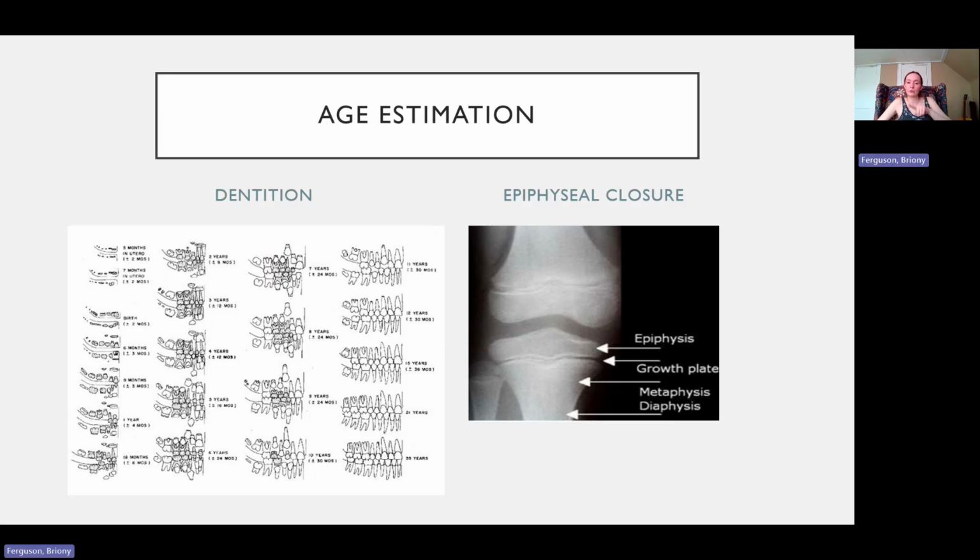Now with epiphyseal closures, that is actually looking at your long bones, so your arms and your legs, and at the tops and the bottoms of them. What this is, is you have a growth plate on top and on bottom of the bone. This is what allows you to get taller as you're growing up.